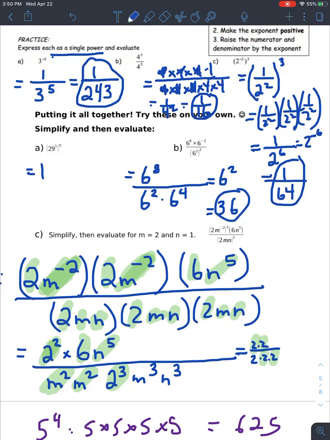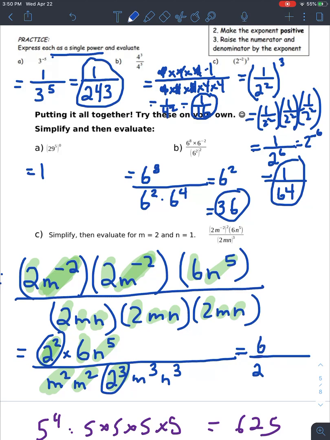So in the end I've got only one 2 left on the bottom. The other 2 that were on the top and 2 of them that were on the bottom canceled each other out. I have a 6 on top, nothing on the bottom cancels that.